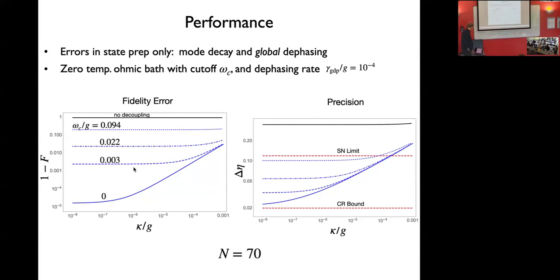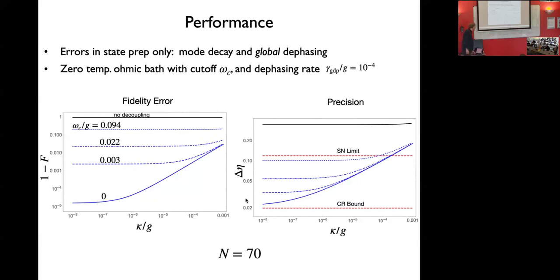So you get quite decent fidelities, even for these finite decay rates. And the numbers here refer to the ratio of the cutoff frequency of the coupling between the modes in the environment that gives rise to dephasing and the fundamental interaction strength between the spins and the mode.